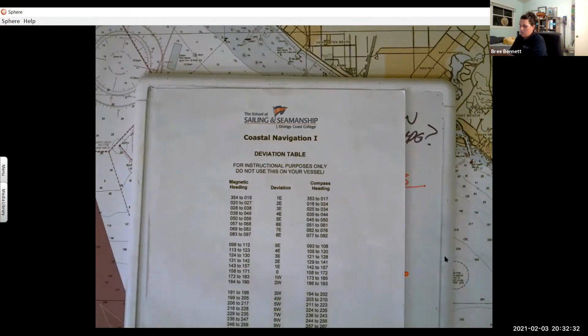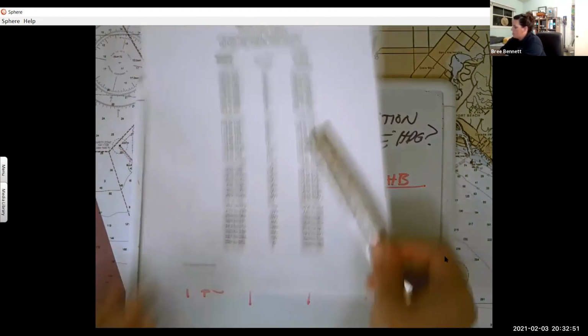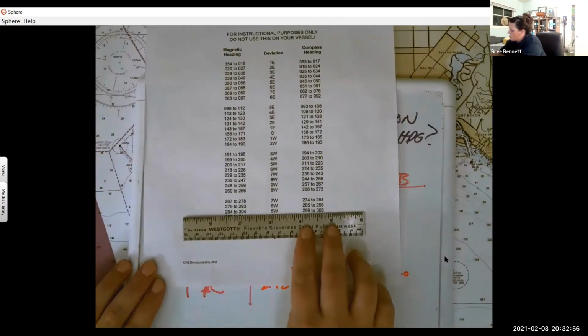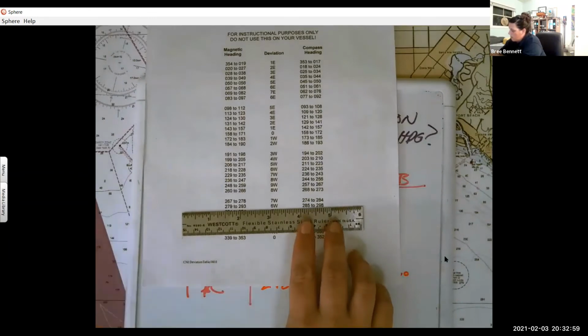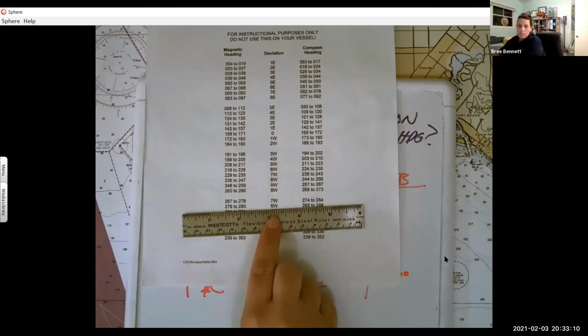My compass heading was 298, so I'm looking for 298. I have 285 to 298 on my compass heading column. So I get a deviation of 6 west.